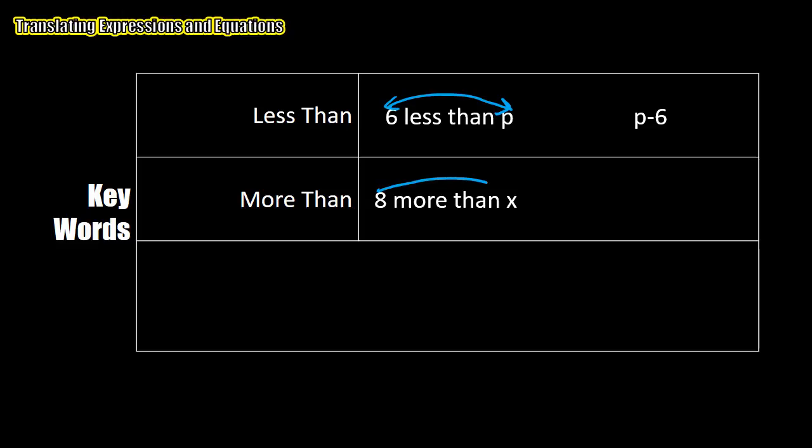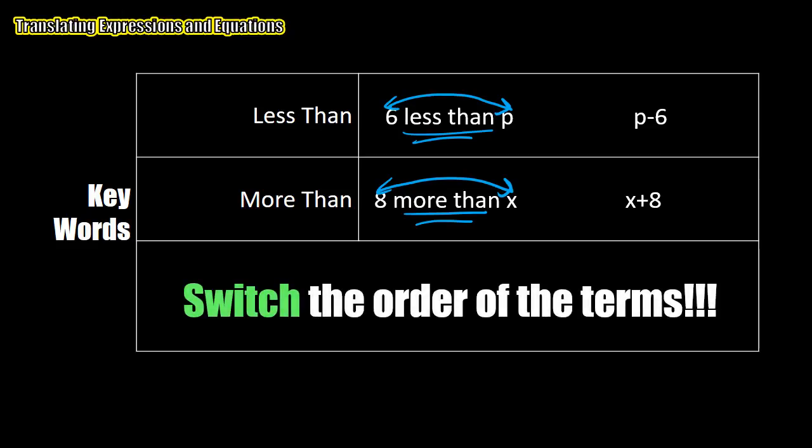When we see less than or more than, we need to switch the order. So for 8 more than x, we can write that as x plus 8. For less than and more than, these are the two you want to put a star next to. This is when you're going to switch the order of the terms.